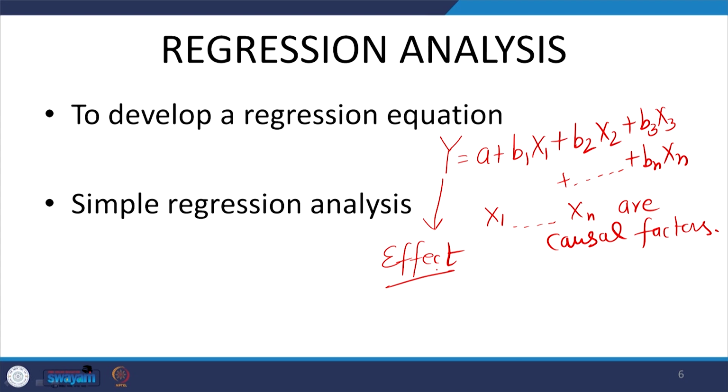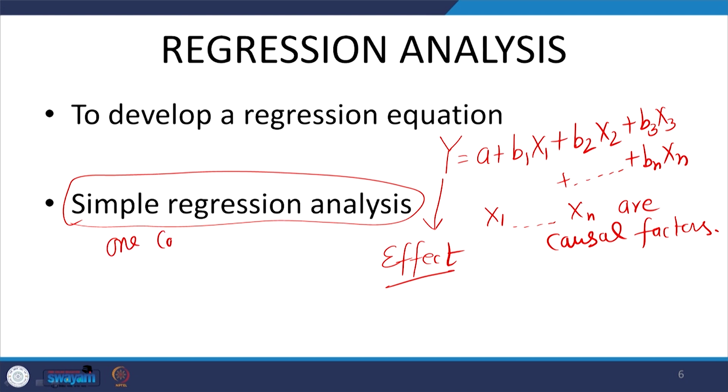This is the most general form of a regression equation, but in our course right now we are going to discuss only simple regression analysis. In simple regression analysis, we take only one independent factor, only one causal factor.